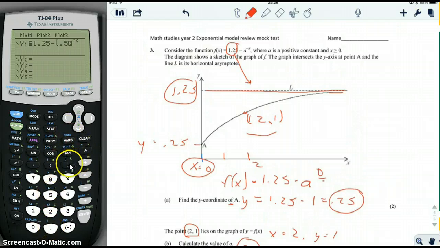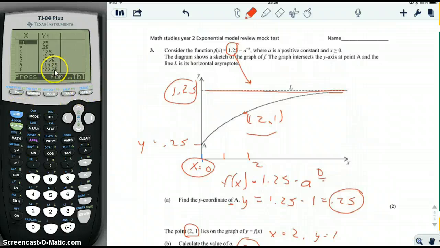Oops, parentheses, delete. Okay, and then now we'll look at that, see how that is. 0.25, so far so good. 2 comma, oops, it's negative. I think we're going in the wrong direction.